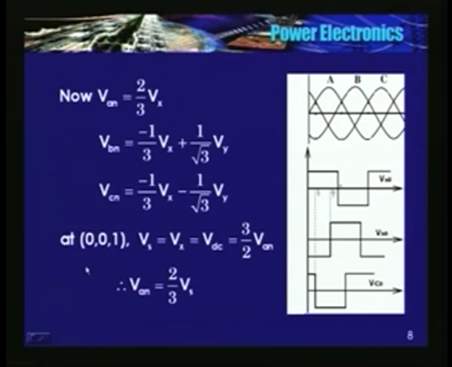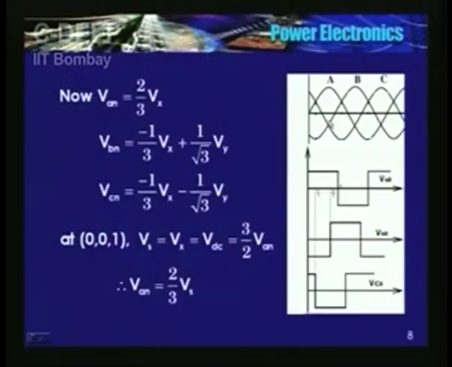Now, in this figure, in these 3 phase sinusoids, where does this point correspond to? I said VBN and VCN are the same, both are negative, and the value is 1/3 VDC. See, VBN and VCN intersect at this point, and both are negative.